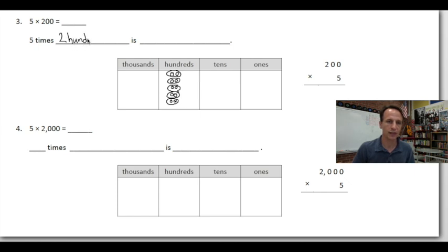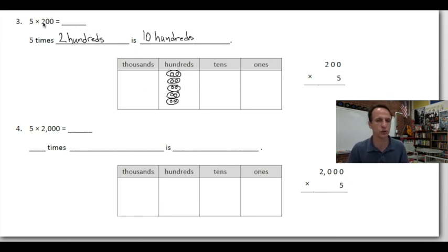And now what did I end up with? What is actually on the place value chart? 2, 4, 6, 8, 10 hundreds. And so that is what I write here. It is 10 hundreds. Now, what is the value of 10 hundreds? Yes, it is 1,000.